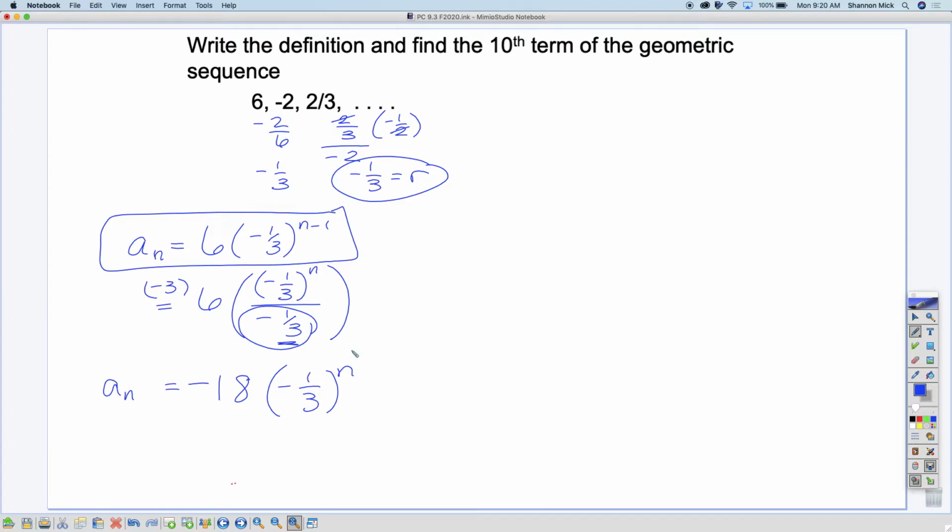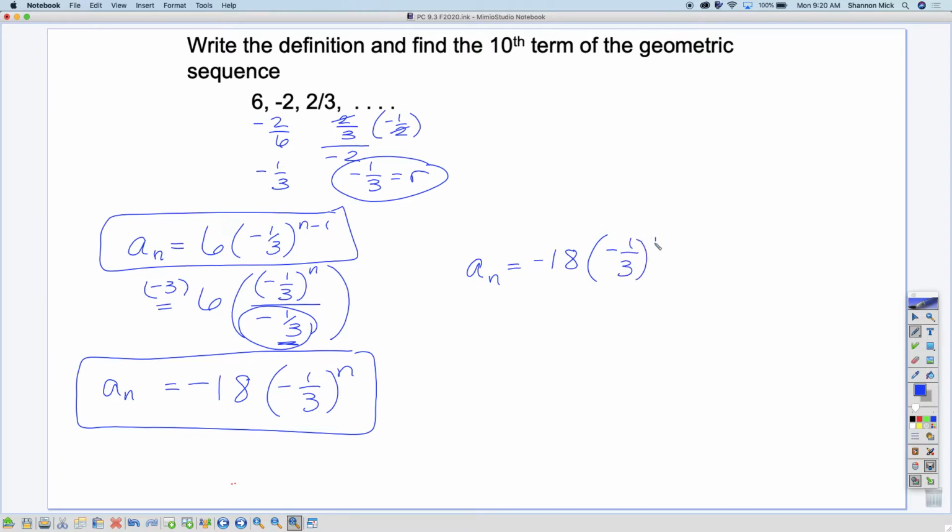So I challenge you to work on this. If you're showing me your work and you got this right and you messed this up, it's not going to hurt you by trying at least, correct? And we need the what term? 10. Okay, so a sub 10 equals negative 18 times negative 1/3 to the 10th.